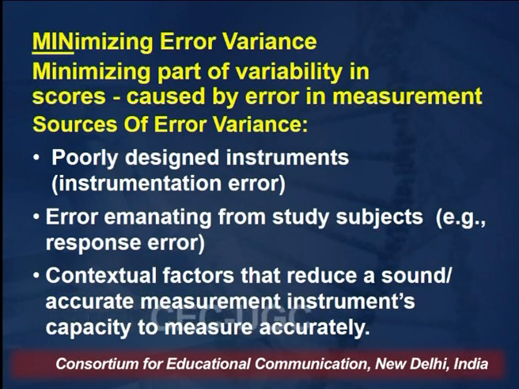If you do a survey and choose study subjects where there is response bias, we will talk about that also, then error will emanate. Then there are contextual factors that reduce a sound, accurate measurement or the instrument's capacity to measure accurately. So, the intrinsic error, the limitations of the instruments or of the study subjects, are the sources of error variances.